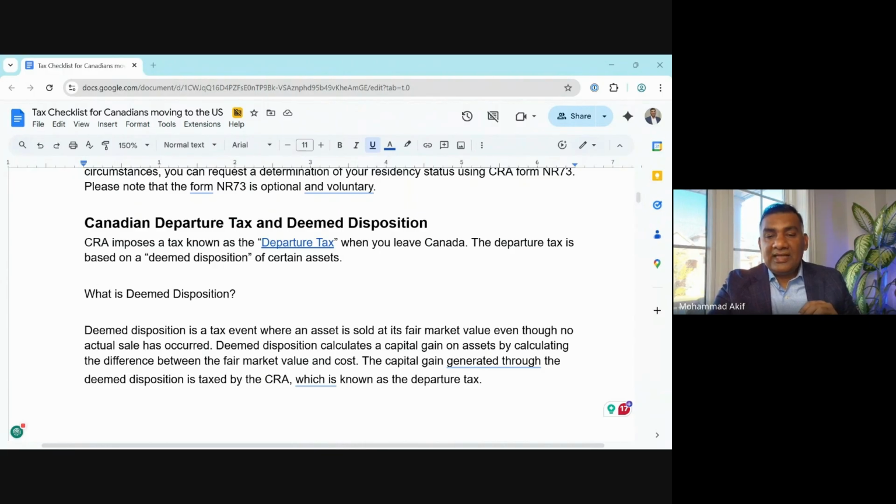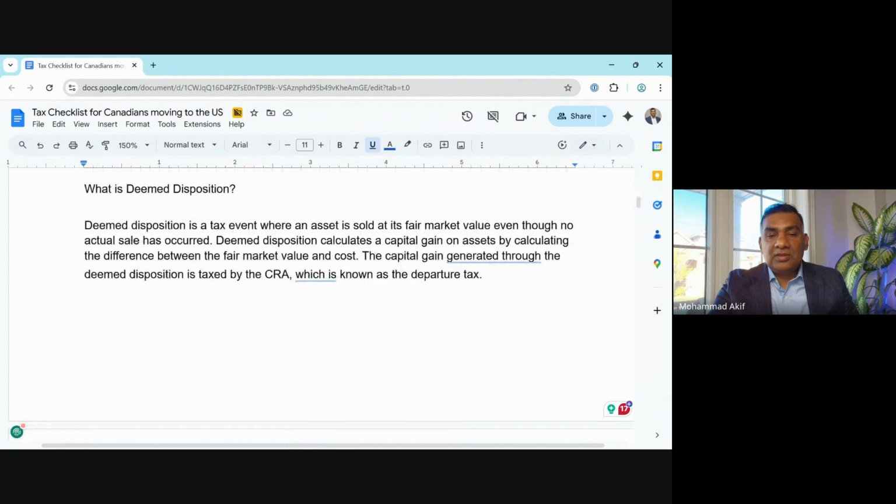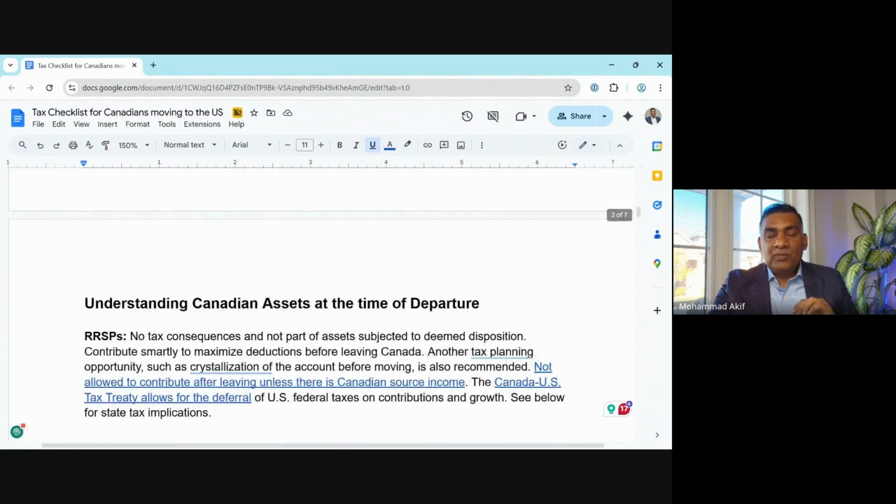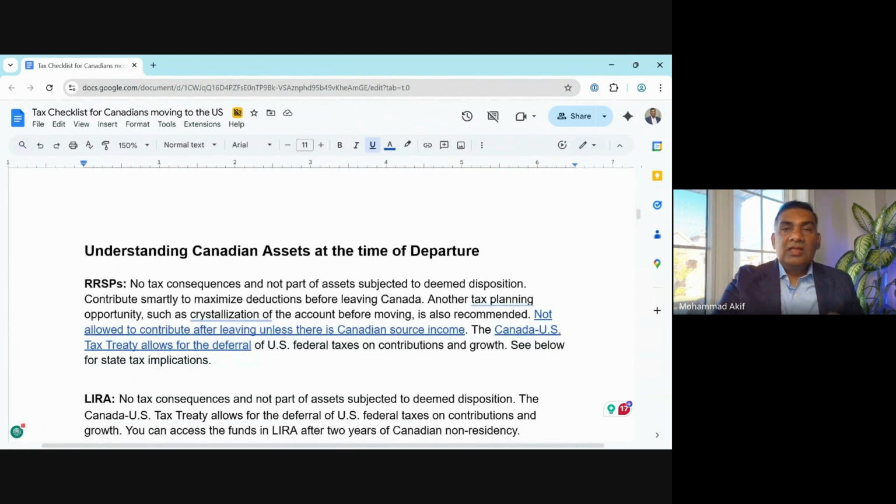And so there are certain assets where we have deemed disposition on the Canadian side. Now let's look into the majority of the assets that you might own before moving to the United States, or when you have moved to the United States. We're going to go through each asset and talk about how the CRA is looking at it, if there's any U.S.-Canada tax treaty benefit that you can claim, and also if there are any planning opportunities, right?